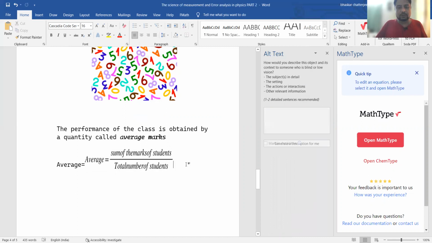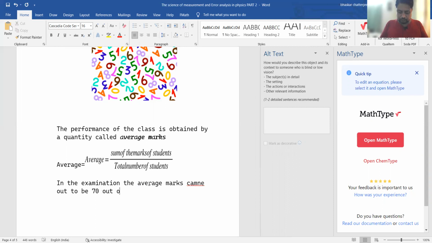Now suppose in that exam, we continue with this example of exam. In the examination, the average marks came out to be 70 out of 100.